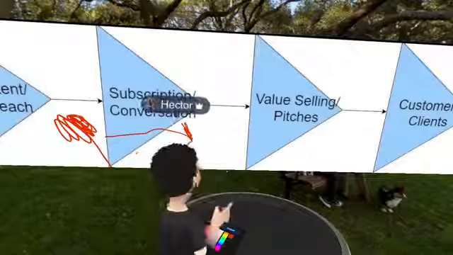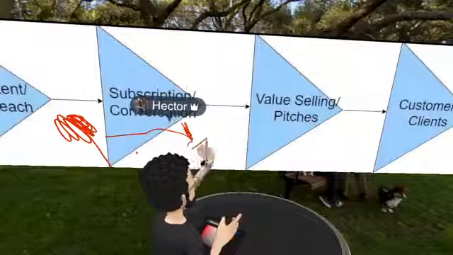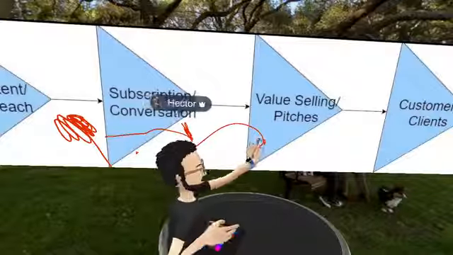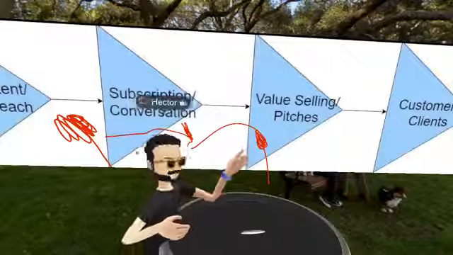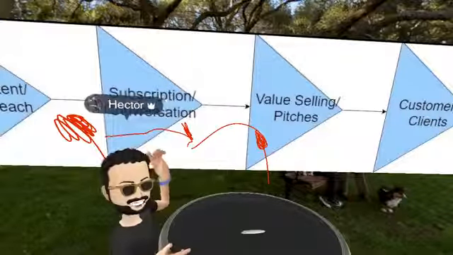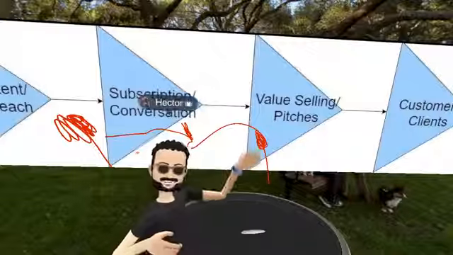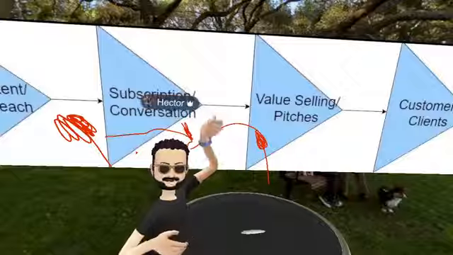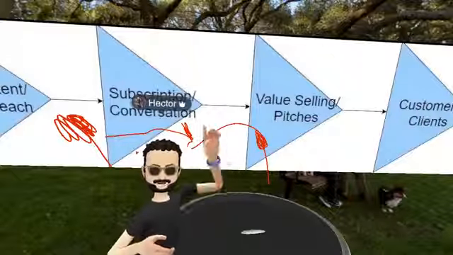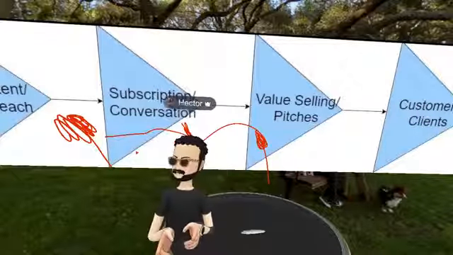That's actually going to help me. So my goal here is for them to allow me to give them value so that I could sell to them right here, okay? That's really what I'm trying to do when I get them to subscribe: how can I get them into a place where I can start selling to them, right? This is if we're talking about a product. On the top is product, on the bottom is services, okay?